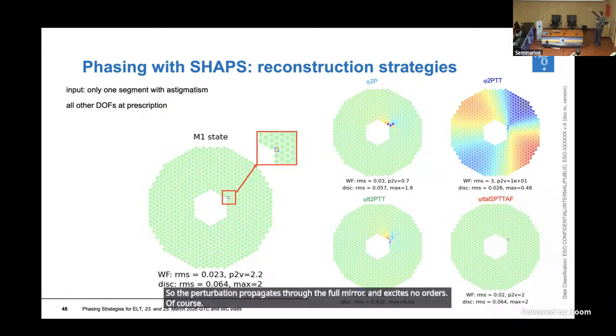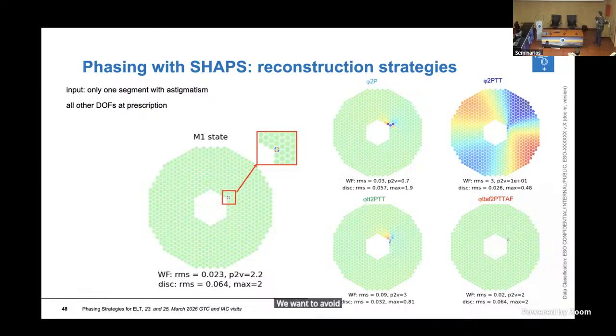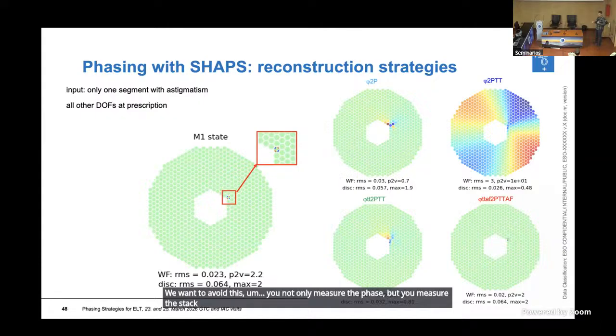It's the propagation of this error, and you end up with a high low-order deformation of the mirror. You want to avoid this. So you not only measure the phase, but you measure the stacking as well. Then you're complete for PTT reconstruction, but you've not yet identified the astigmatism of that segment.